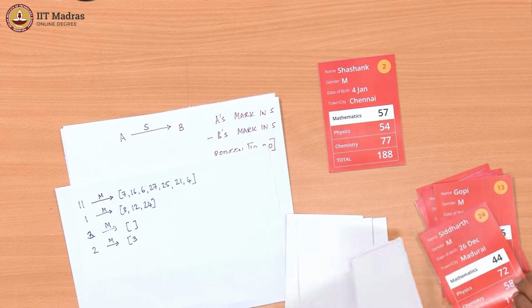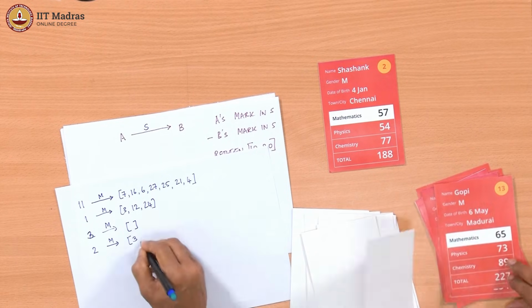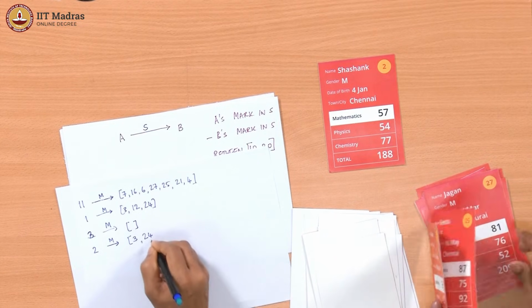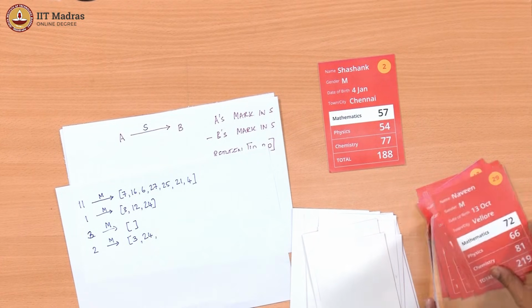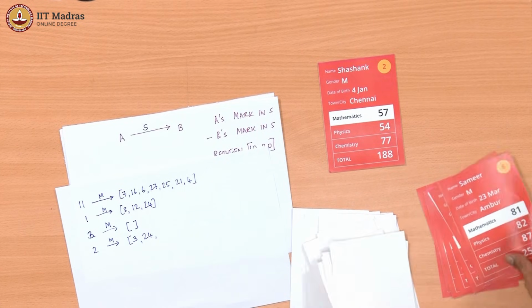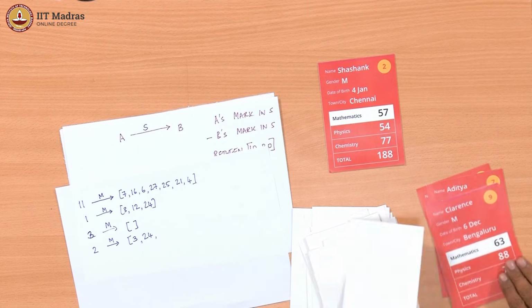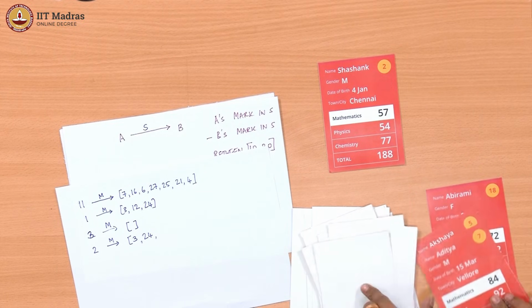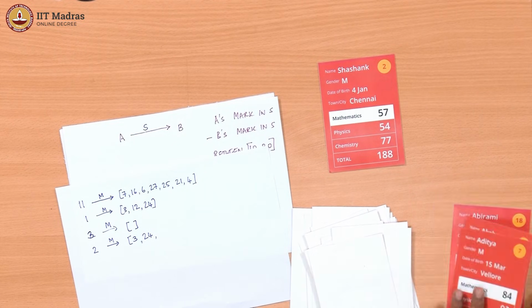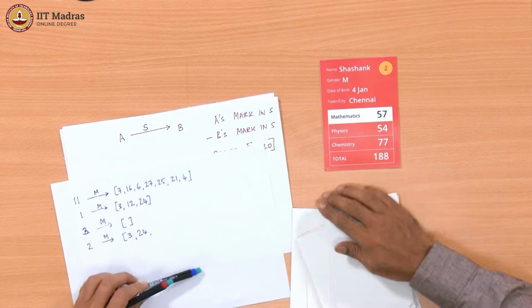Probably none. Oh, okay, one is there here. Siddharth, 24. Okay. 37 to 47. Okay, done. No more.